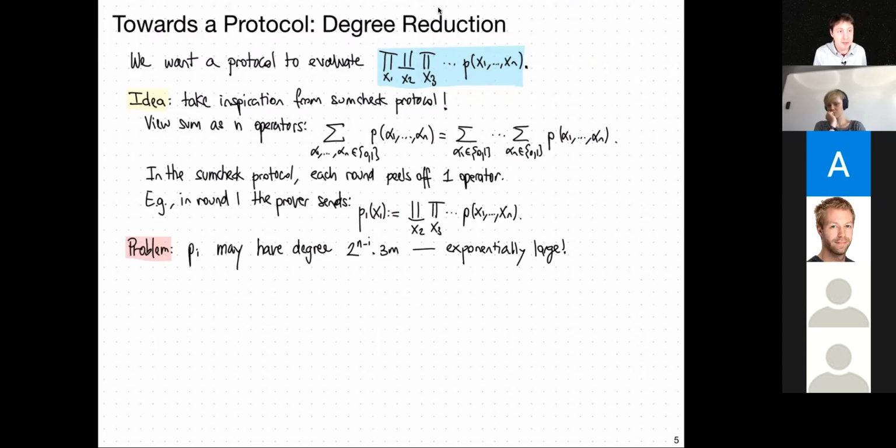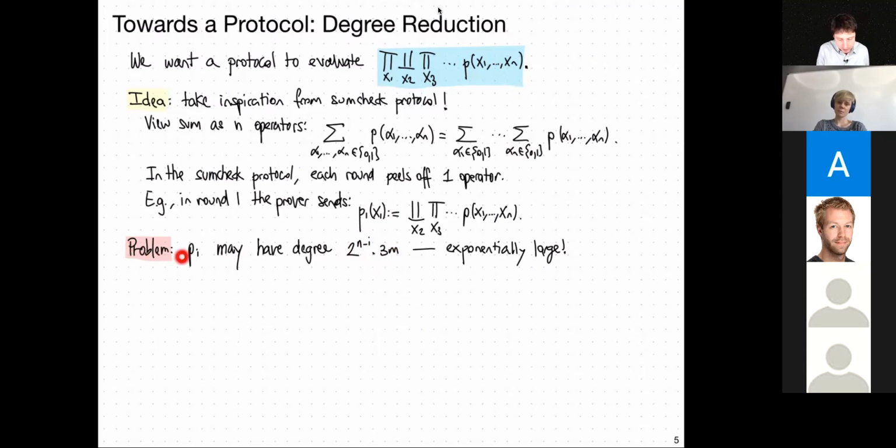And in fact, maybe it didn't even start with degree 1. It might have started with degree maybe 3m, in case x1 appears in almost all of the clauses. But even if it started with a small degree, in each round it's going to be potentially doubled, okay? And that's problematic, because the verifier cannot afford to read a polynomial of exponential degree. It's just too long to send this message.